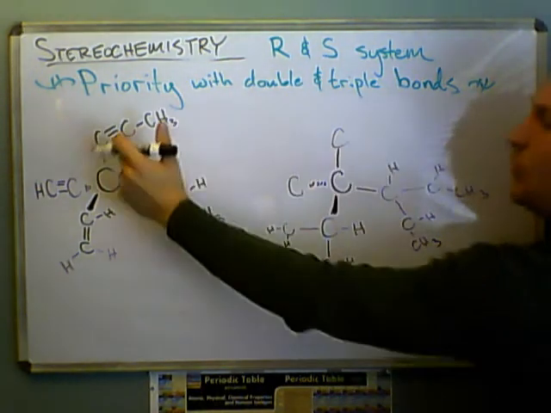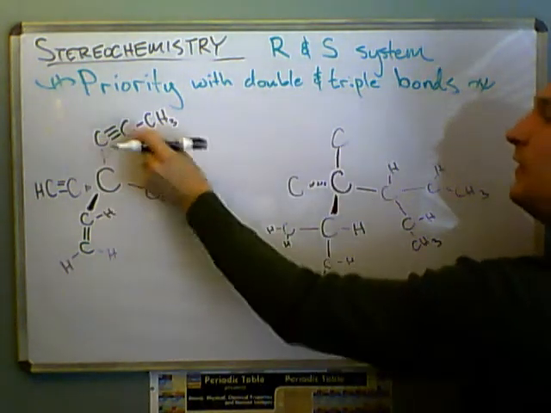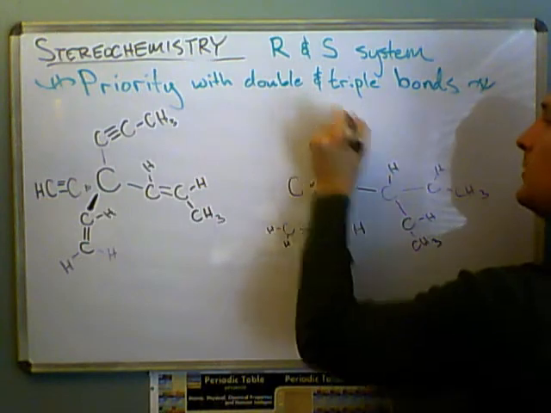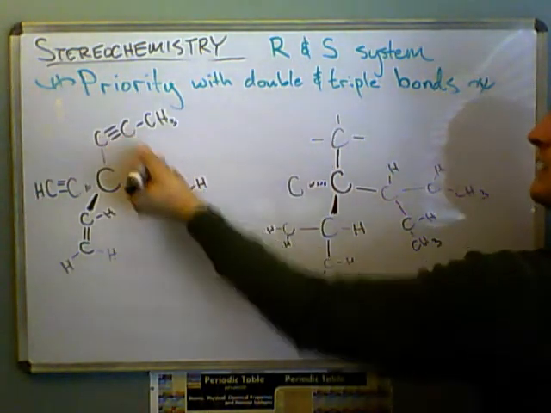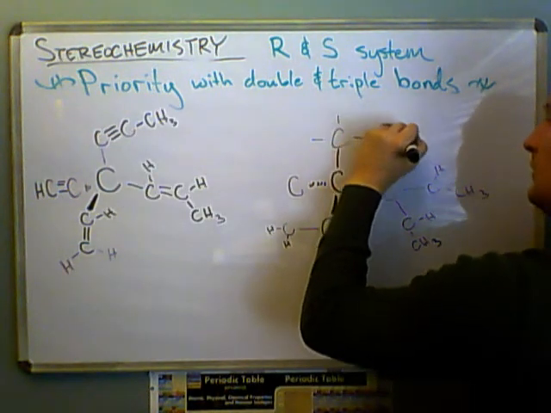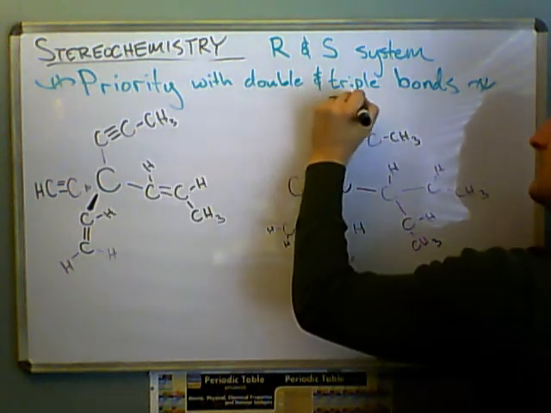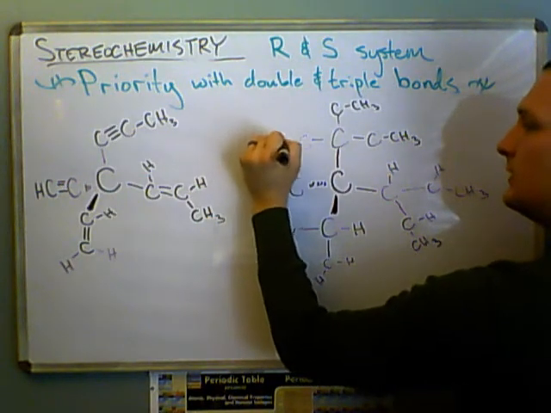So you could guess what we're going to do up here. We had our carbon, and now that there were 3 bonds, I'm going to draw all 3 of them out. And each one of those, in this case, is going to get a CH3, CH3, and CH3.